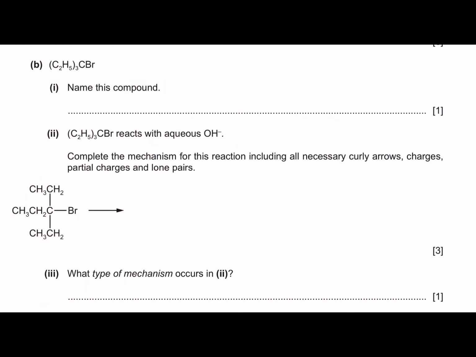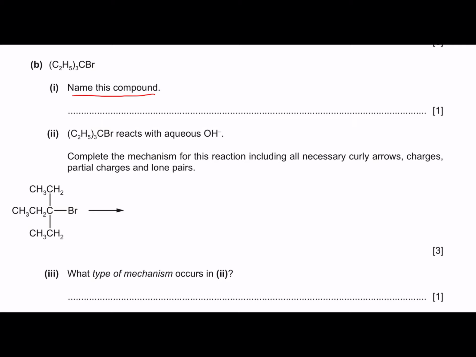So let's take a look at a Cambridge question and go over the mechanism in detail and see if we can earn those points. So first one is to give the IUPAC name for the compound. To review naming, the first thing I would do is draw the whole thing out.